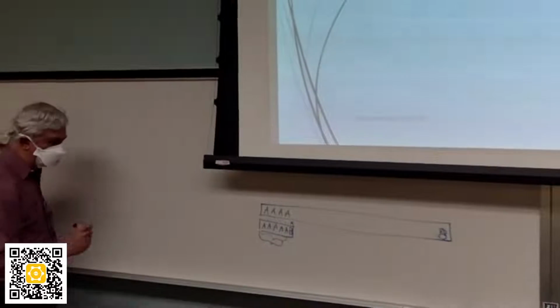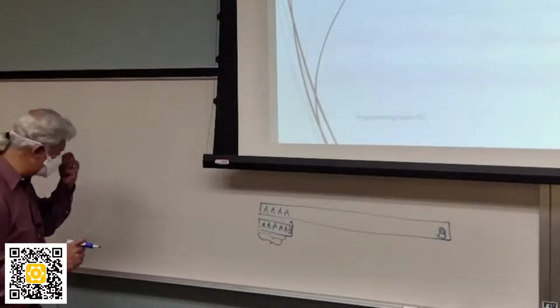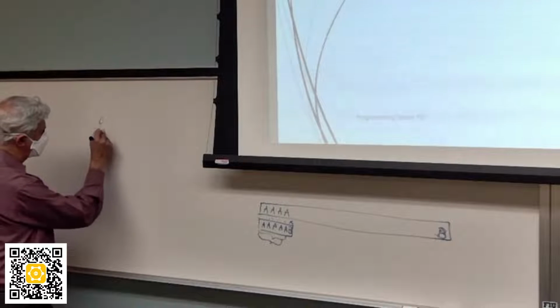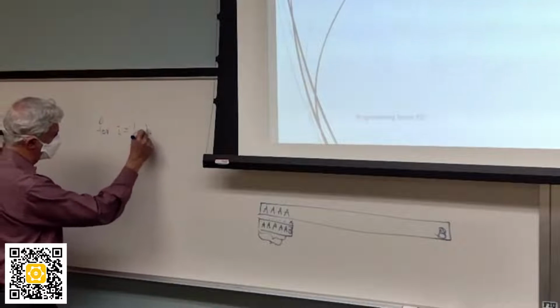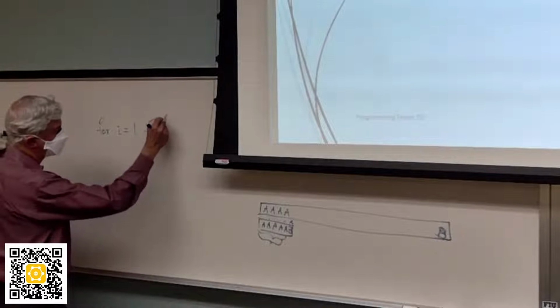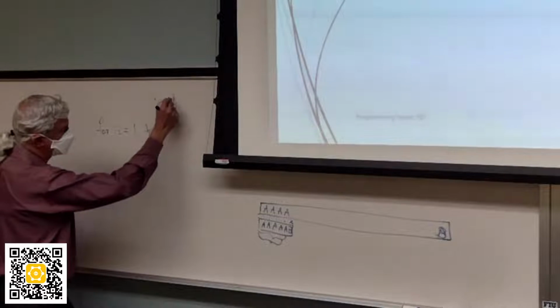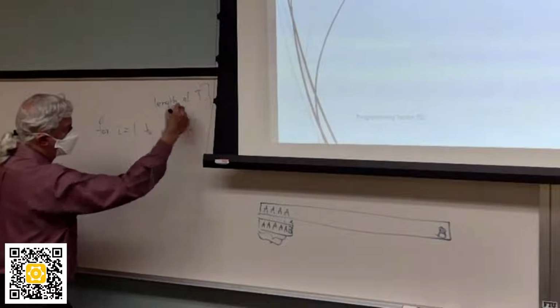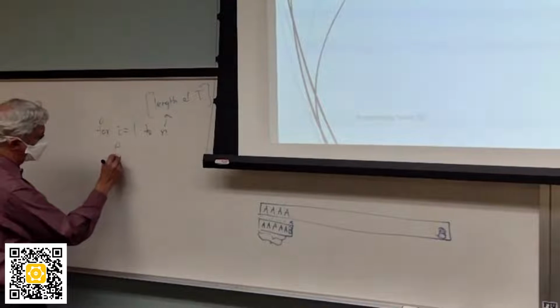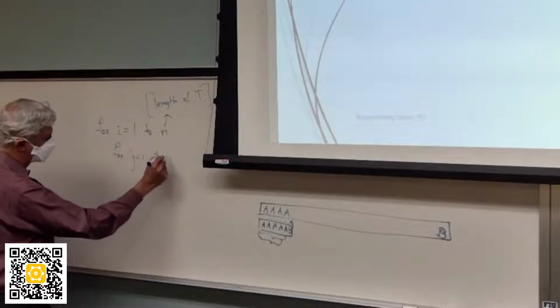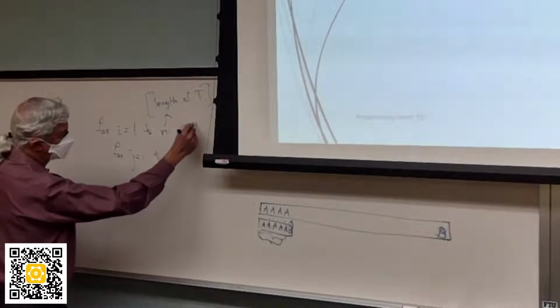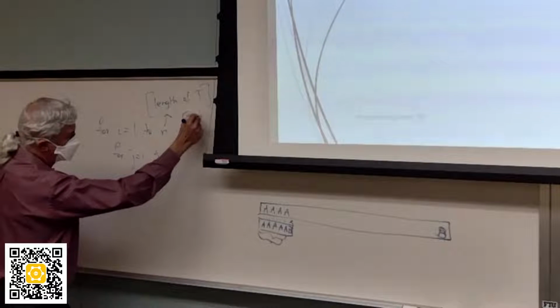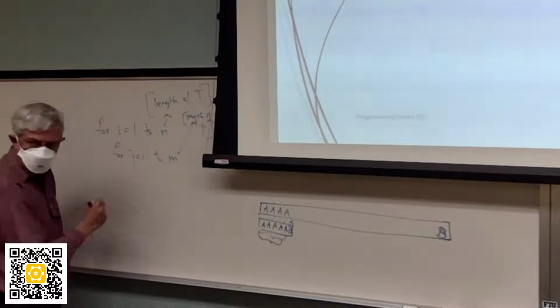Yeah, so for that you have to think of the code. You're going to say for i equals 1 to n, where n is the length of the text, right? For j equals 1 to m, where m is the length of p, the pattern, right?